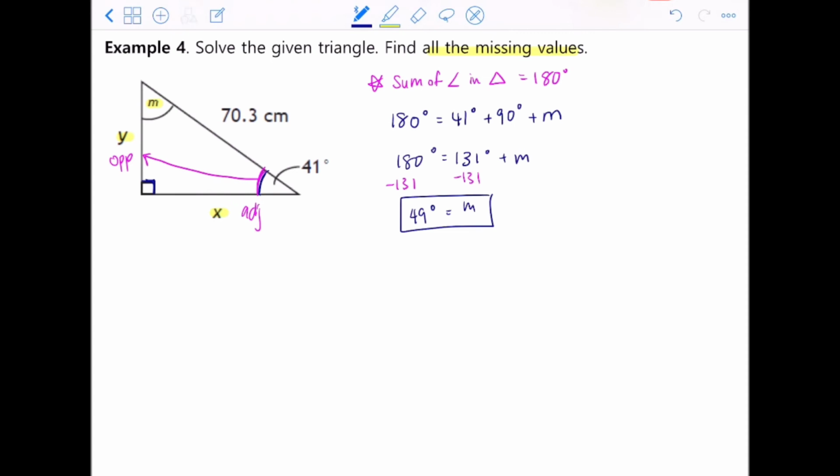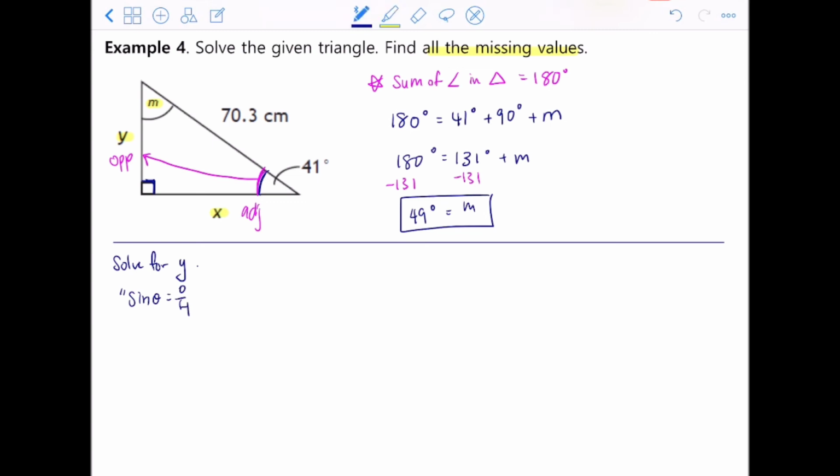Now let's take a look at y. Solve for y. And note that y is the opposite side relative to the angle 41 degrees. Okay, so we need to use a trig ratio that involves opposite but not adjacent. We can't use adjacent because we don't know the value of adjacent. So the correct trig ratio we can use would be sine theta.